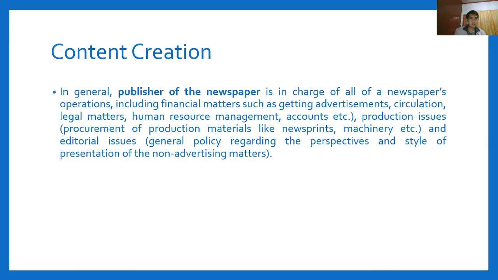Now, for the content creation, as I've said a while ago, the publisher takes charge of the operational purposes of the newspaper, like advertisement, circulation, legal matters, HR, and the accounts, almost everything.